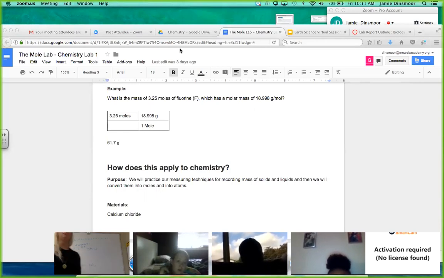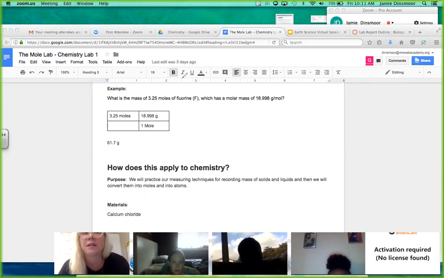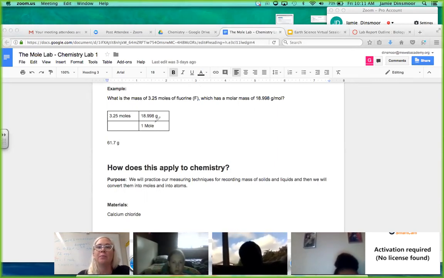So I set this up by making a table on the computer, but all I did here was take the gram per mole that was given to me in the problem, and I set it up so that I can cross out moles. And I'm left with grams, right?